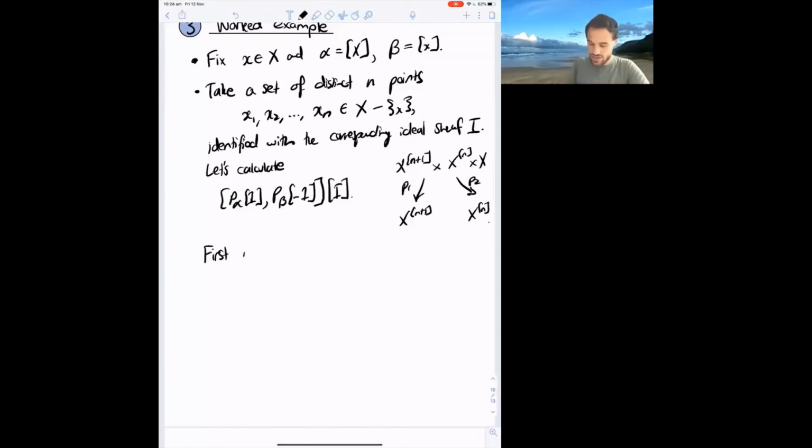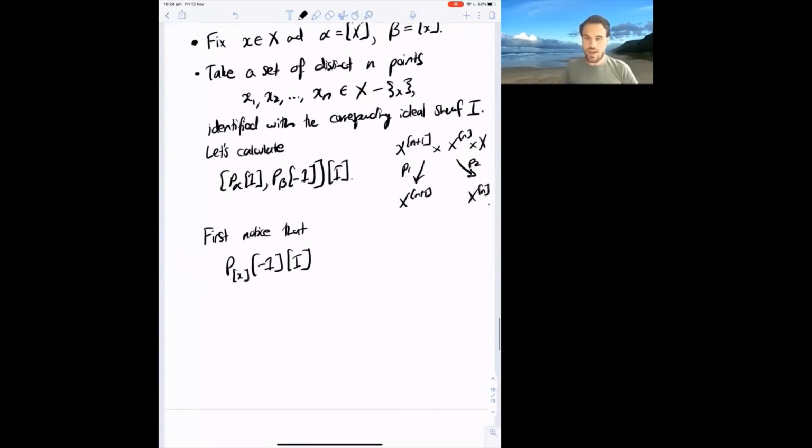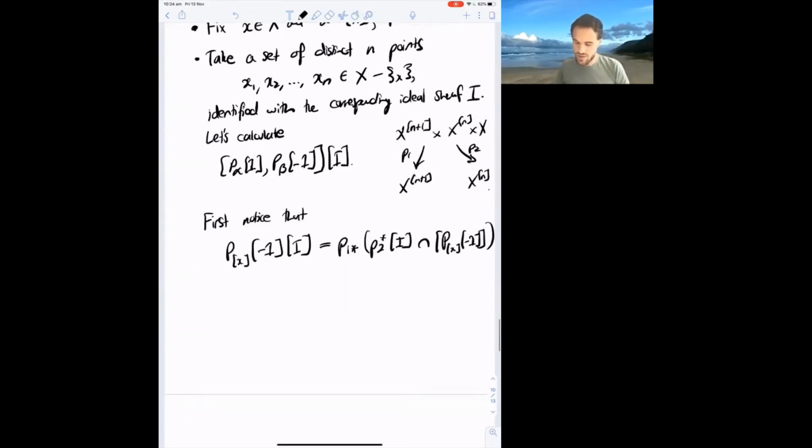First notice that if you look at this operator here, if you plug in the definition of the correspondence, it should be the projection to P1, the pullback of I, and then intersected with this thing here. Okay, so let's run through what's going on.